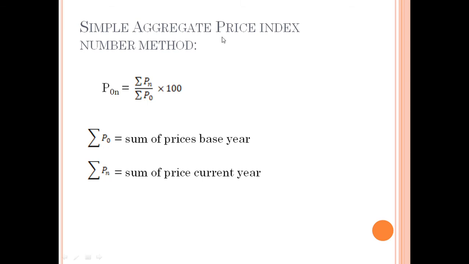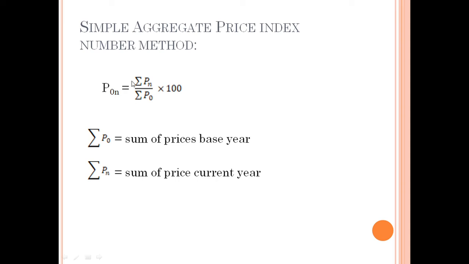First is the simple aggregate price index number. Aggregate means to take the sum, to take summation. So we will have the prices of the current year and the prices of the base year.